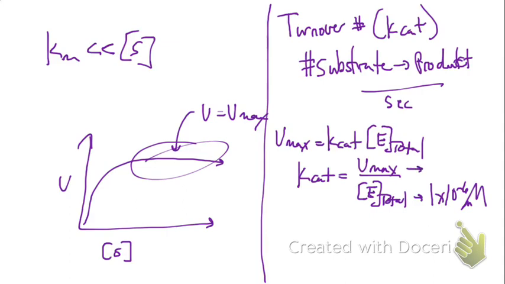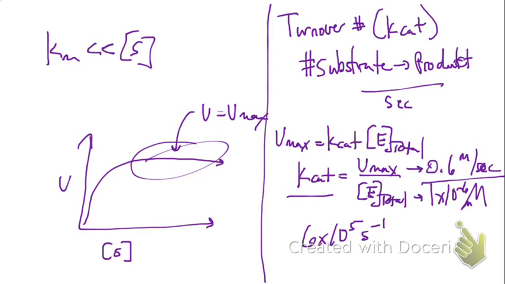Its Vmax, if we calculate it, is 0.6 mole per second. And so we know that the kcat is 0.6 divided by 1 times 10 to the negative 6th. It's going to be 6 times 10 to the 5th inverse seconds. And so per second per molecule enzyme, carbonic anhydrase can convert 600,000 molecules of CO2 into bicarbonate.